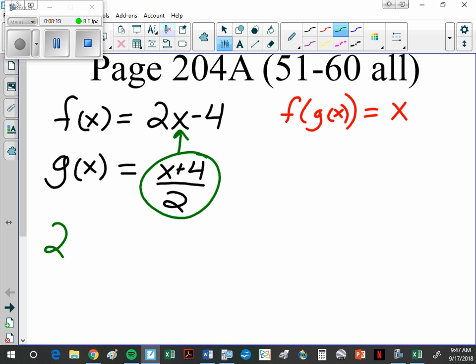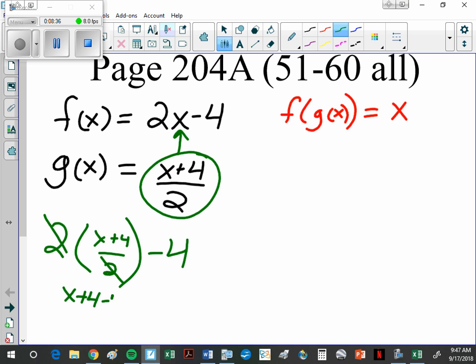So 2 times x plus 4 over 2 minus 4. Everybody understand that? Well, this 2 cancels that 2. And I'm left with x plus 4 minus 4. But those 4's cancel. And I'm just left with x.